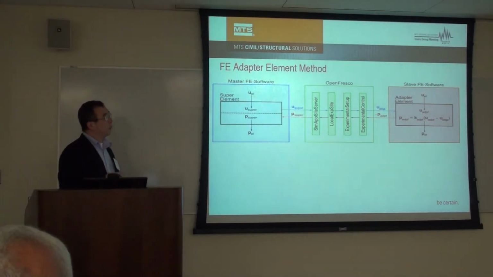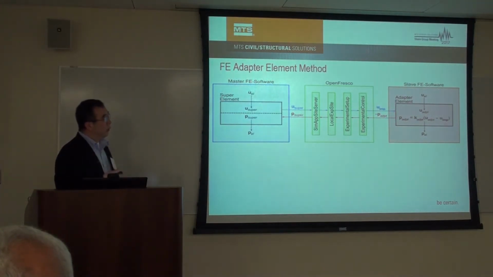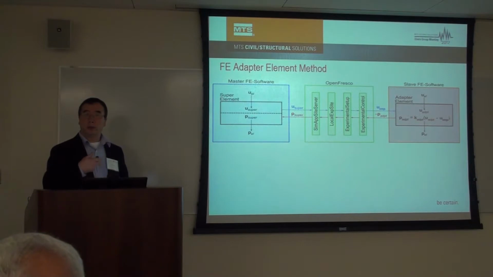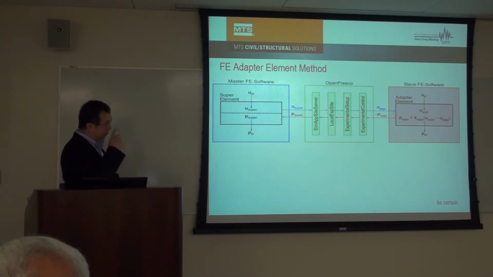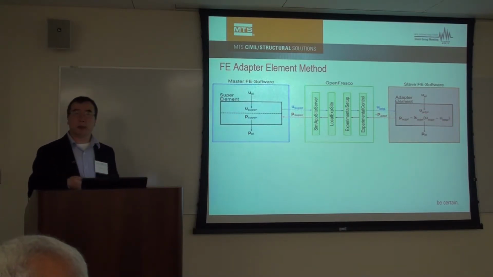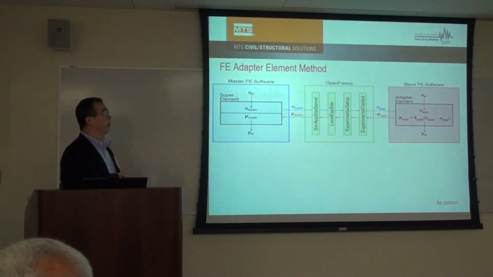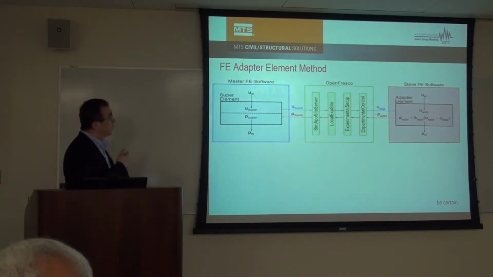So before we go to the customer side, we have to make sure we have confidence that we can do the hybrid test. For that reason, we have to simulate the hybrid test before we go to the customer side.